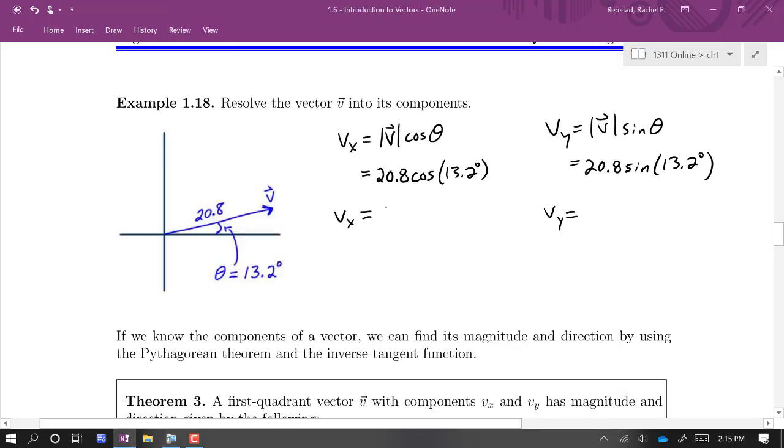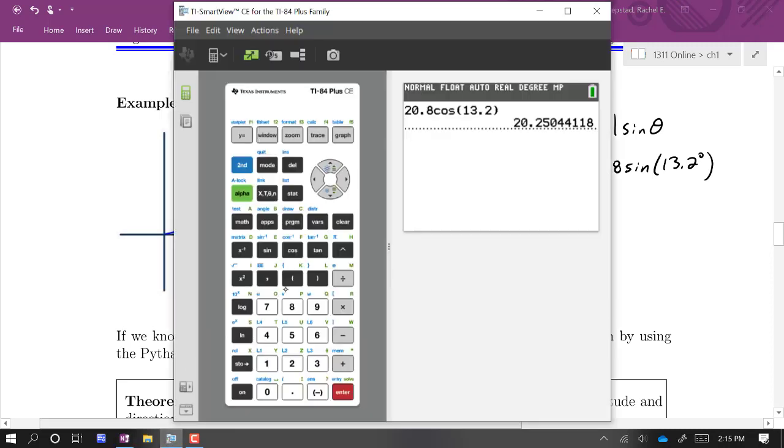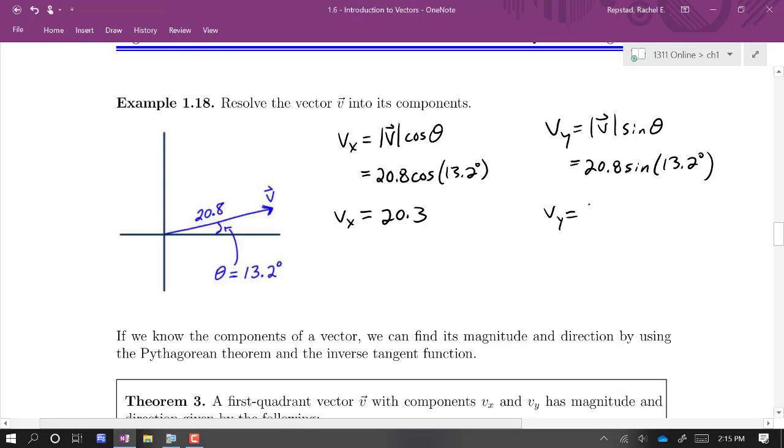We get approximately 20.3 for Vx, and Vy is 4.75. And our observation was borne out here. We see that the x component is quite a bit bigger than the y component.